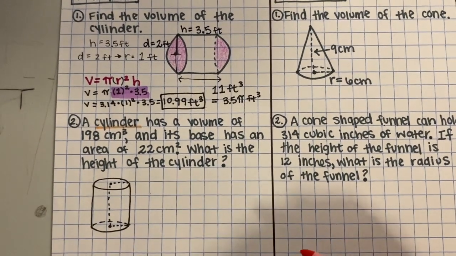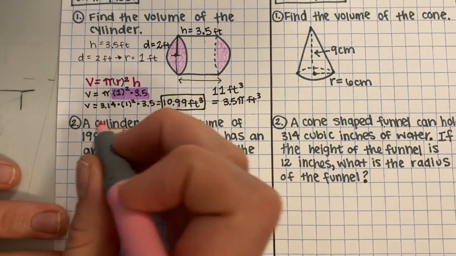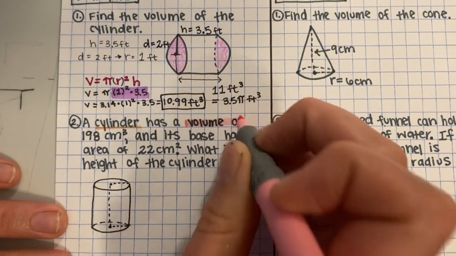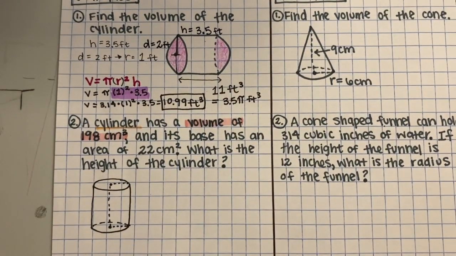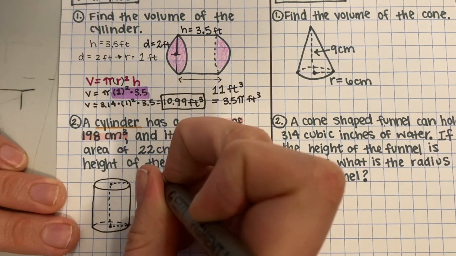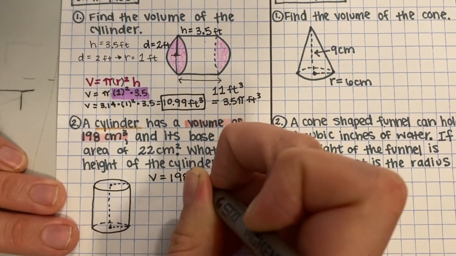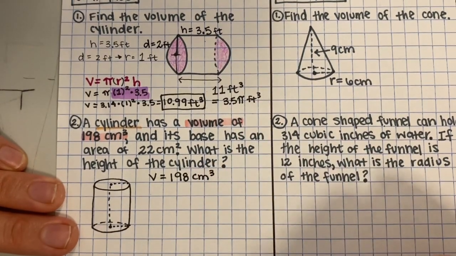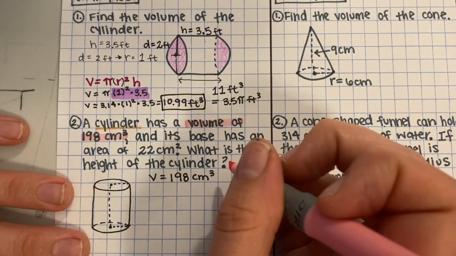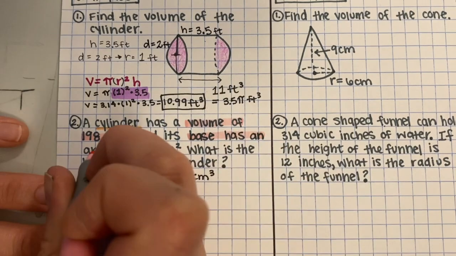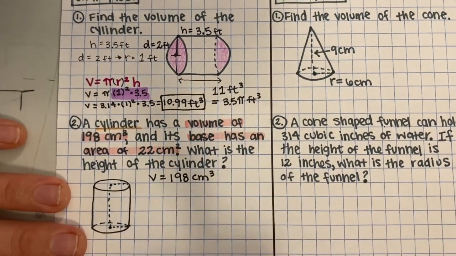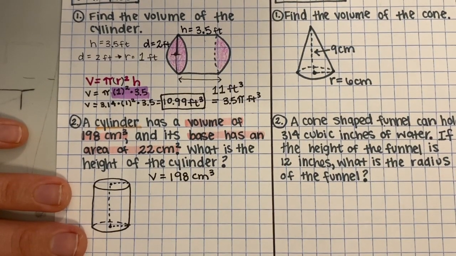I know my cylinder has a volume of 198 centimeters cubed, and its base has an area of 22 centimeters squared.